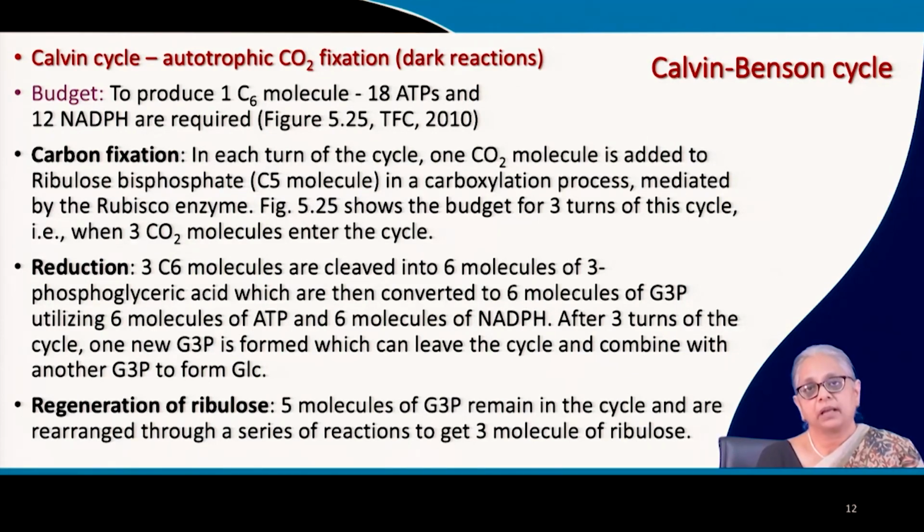Now we take a look at the Calvin-Benson cycle, which is common to both types of photosynthesis processes, and this happens in terms of carbon dioxide fixation. So this is autotrophic carbon dioxide fixation, and these reactions do not require light. The only thing that is required is ATP and reducing power in the form of NADPH.